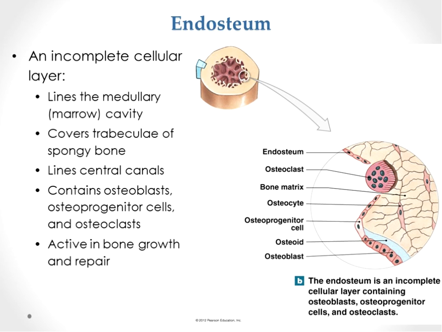The endosteum is very similar to the periosteum in terms of it's a place where osteoprogenitors, osteoblasts, and osteoclasts live, but the difference is it's inside the medullary cavity and it's wrapping around more trabecular or spongy bone instead of compact bone.